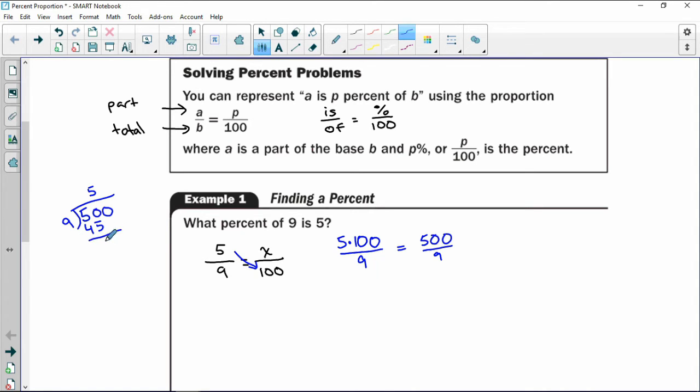That leaves 5 left over. And I bring down the 0. And 9 goes into 50 5 times. That's 45, so there's 5 left over. And that goes on forever, so it's 55.5 repeating. 55.5 repeating percent is my answer.